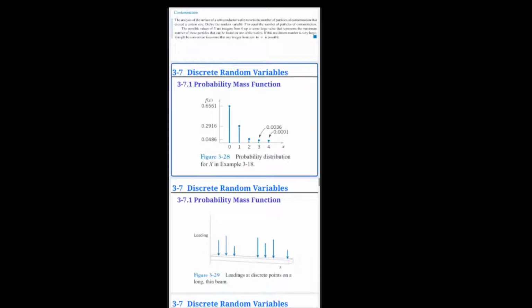And here you can see a small example related with the mean and variance.